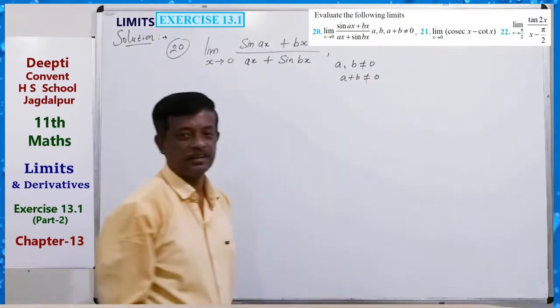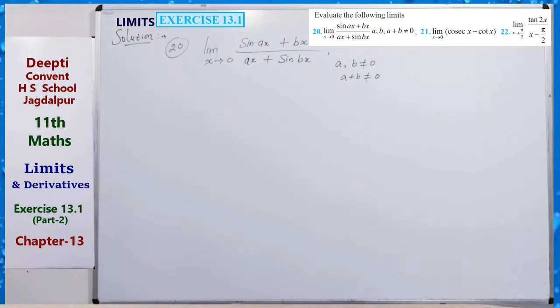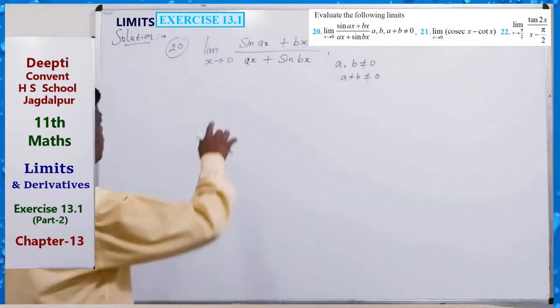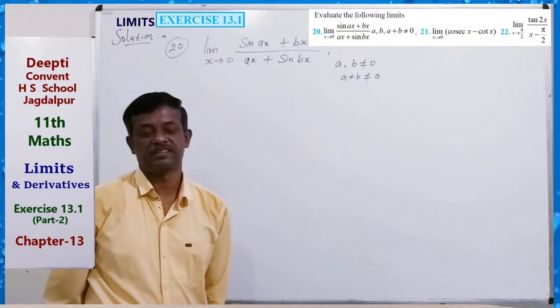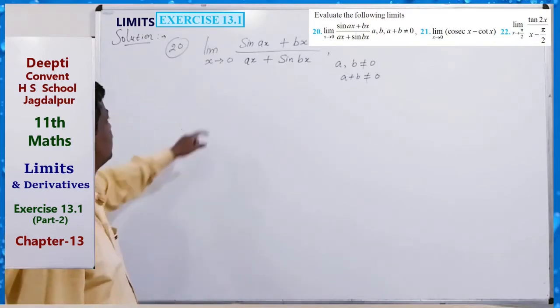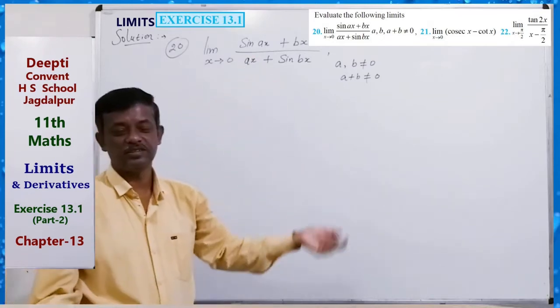This is given. Just you have to find the value of this limit here. We can say sin ax plus bx upon ax plus sin bx. So just after putting x equals to 0, numerator and denominator are 0 by 0.